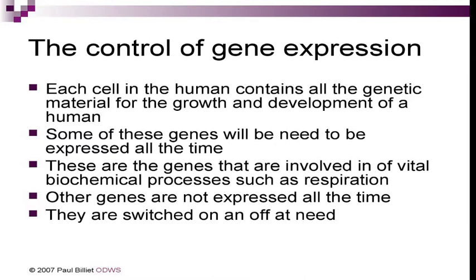For example, if we take genes which are responsible for the vital process of respiration, these genes have to be expressed all the time because we respire all the time. So it is necessary that the genes which bring about this process are expressed all the time. Whereas other genes are not expressed all the time, they are switched on or off whenever it is needed or required.